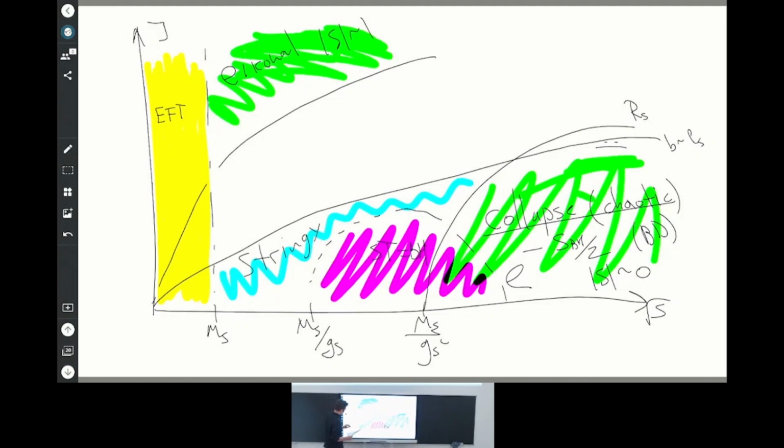And here we have something which is less universal, non-universal. There is tidal, and then gravity waves.